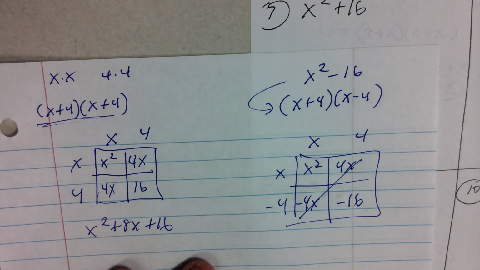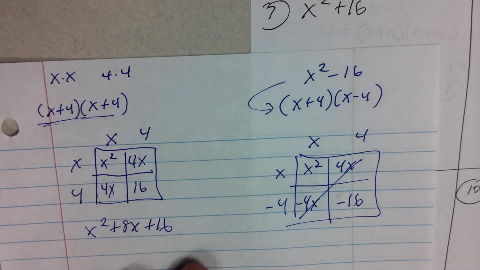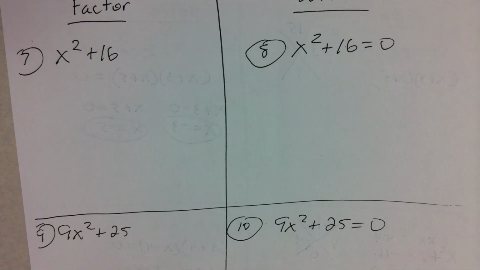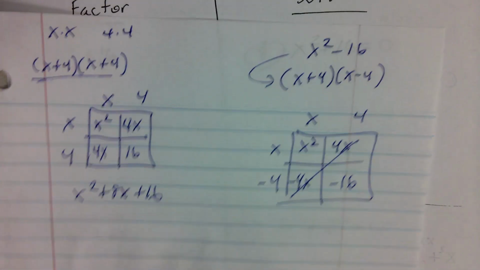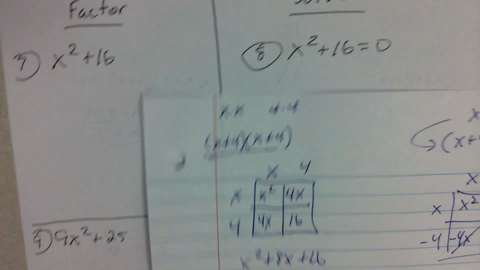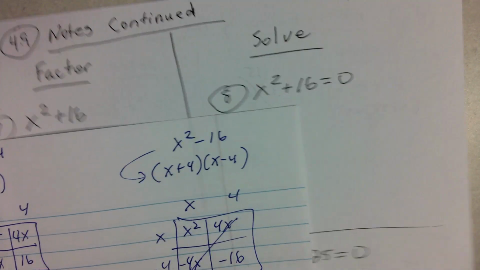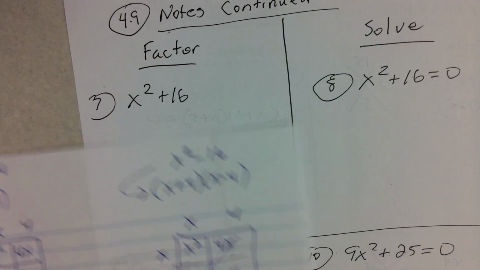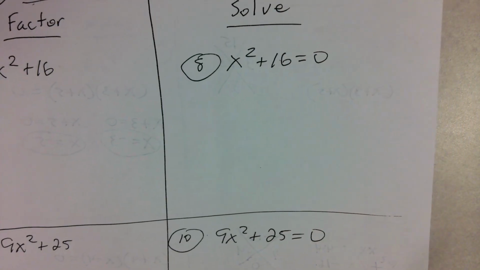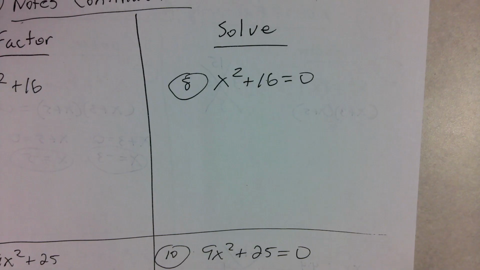Okay, so how am I able to break it apart? I'll show you real quickly. If it has a subtraction between, we can go straight into our two parentheses. Addition is different. Okay, I'm going to go about this, and I'm going to look at the solving first.